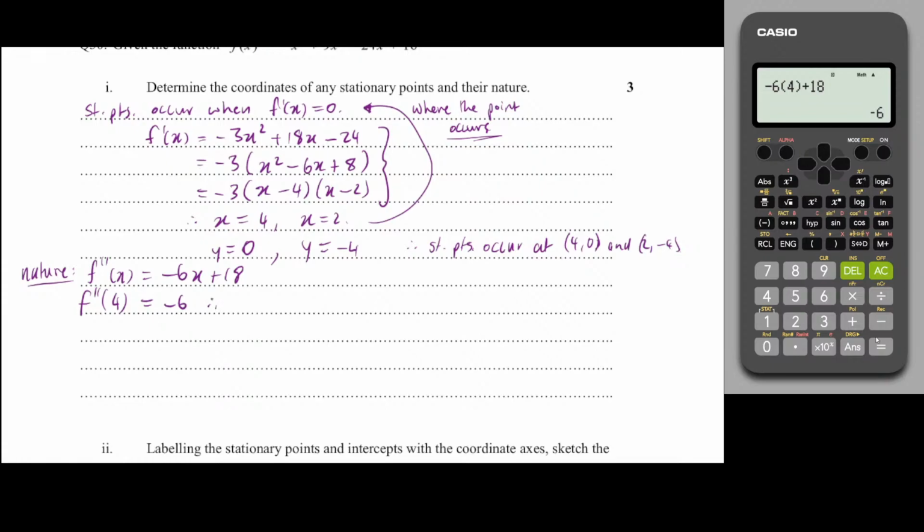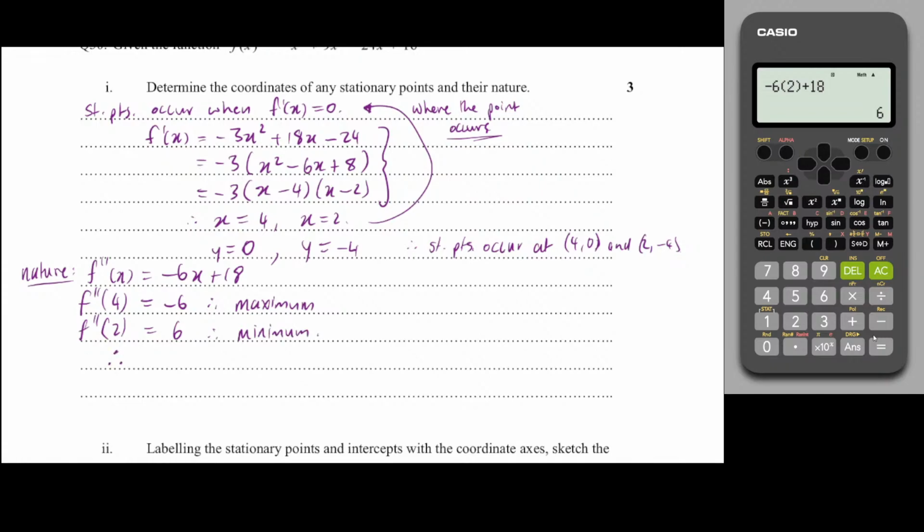Because it is less than 0, it is concave down, so therefore it's a maximum. And f of 2 is our last one. Substitute 2 in and we get positive 6. So therefore it is a minimum because it's concave up.